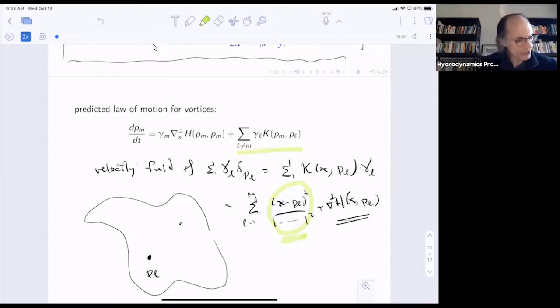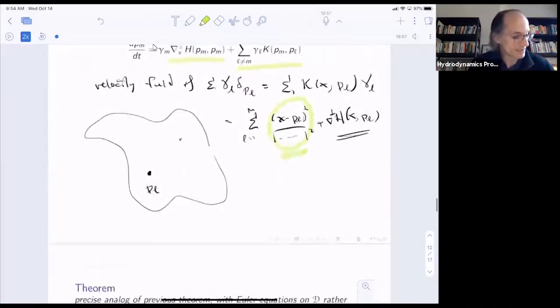But then there's also a contribution from the non-singular part of the velocity field generated by the mth vortex itself. So even if there's only one vortex, the presence of the boundary will in general cause it to move. The interaction with the boundary will cause it to move, even if there's only one vortex. This is the predicted law of motion.